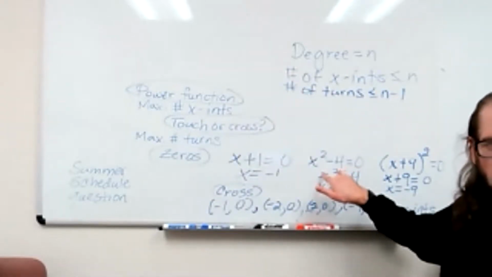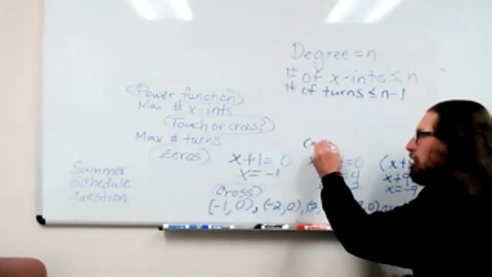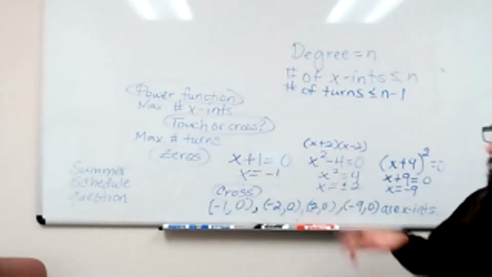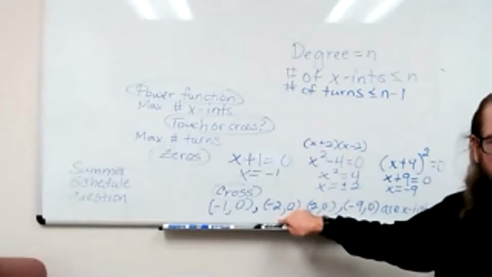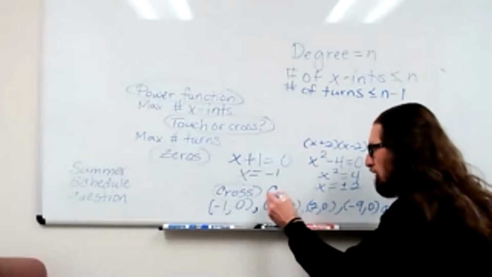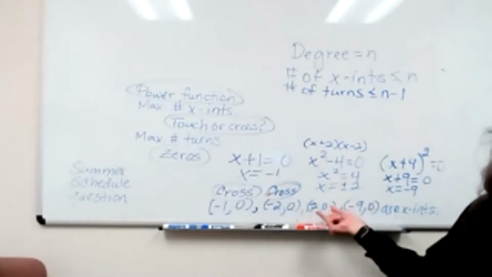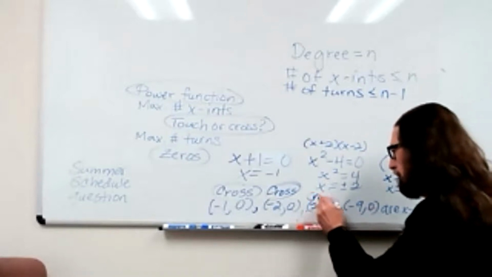The x squared minus 4, if I had factored that, those would both have been to the first power. So at the negative 2, 0, I would see it crossing. At positive 2, 0, that's to the first power. So it'd be crossing there.